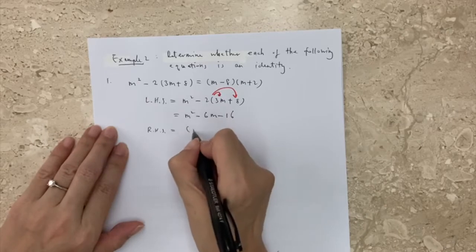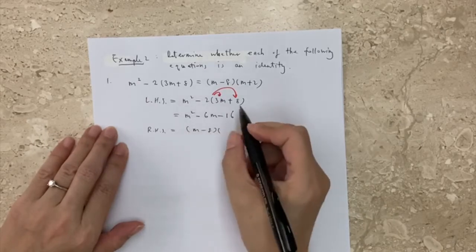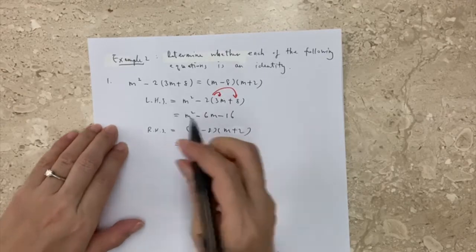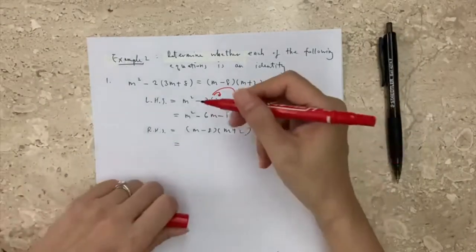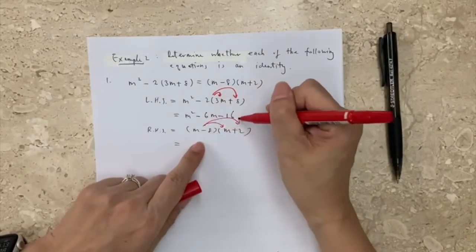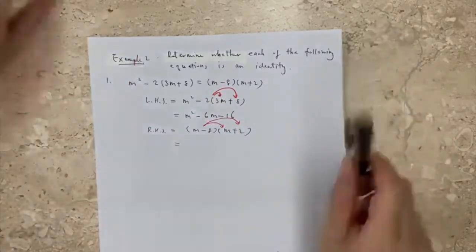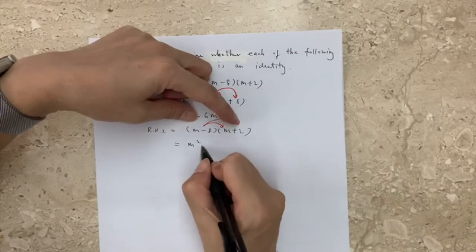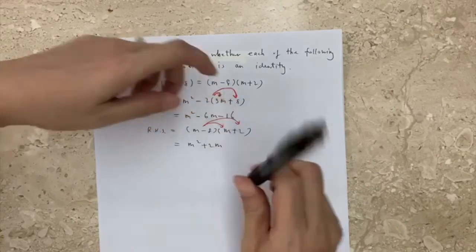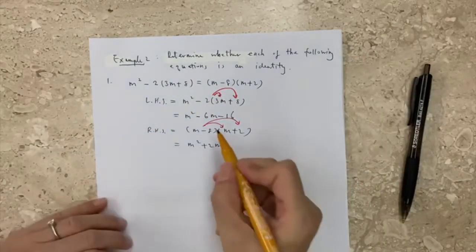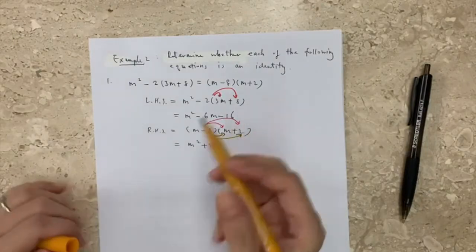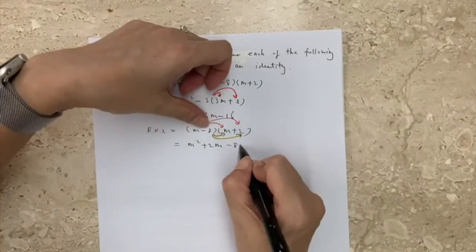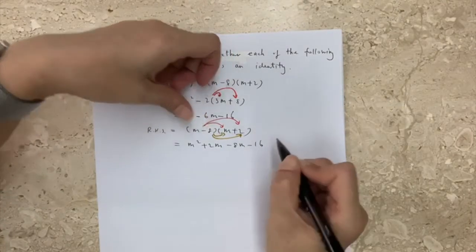Okay, right hand side we have m minus 8, and then multiplication times m plus 2. Okay, step by step. So this term times this, therefore we have m times m, m squared, and then plus 2m, and this one times this. Okay, so we have minus 8m minus 16.